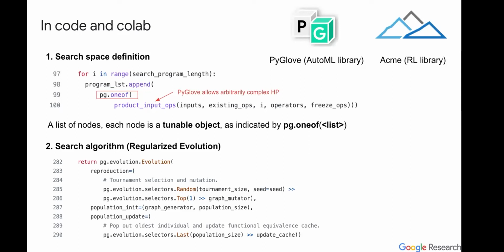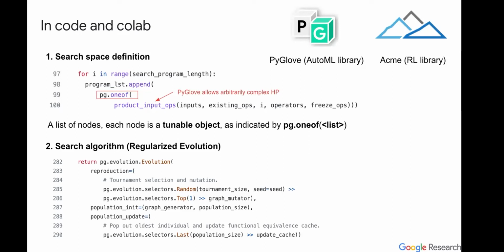Recall that our search space is these DAGs of a fixed length, and you have many choices for each node in that DAG. This idea translates very naturally into a PyGlove construct. You want to have a list of things, and each item in that list could be one of many possibilities.